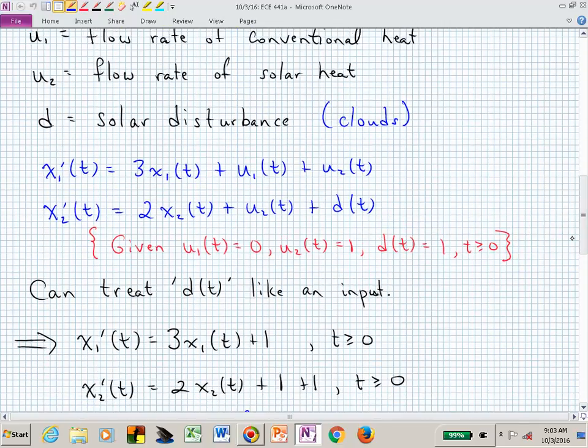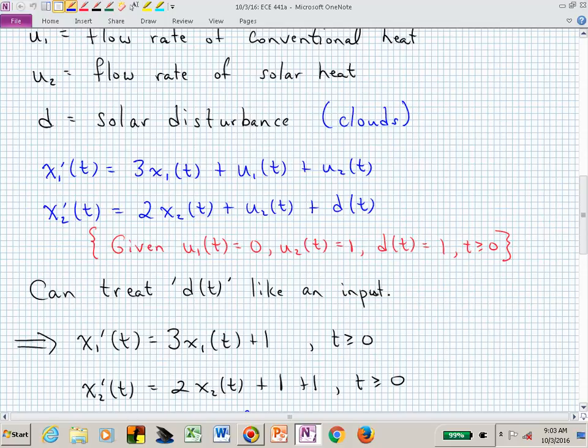And maybe what would give you a problem when you're trying to analyze this system is, what do I do with this disturbance? But the disturbance is similar to an input. And if you have u1 equal to 0, and we've plugged that into the x1 prime equation, we do not have anything. The only thing driving that system is the 1 due to the second input.